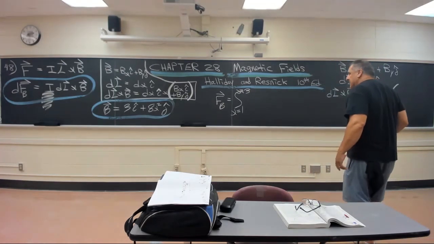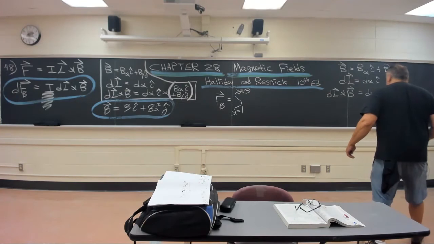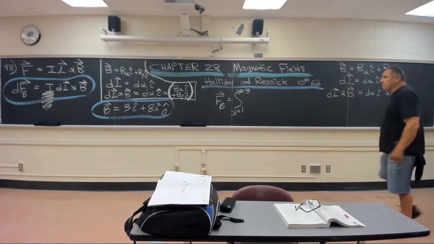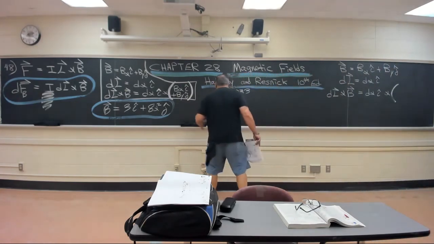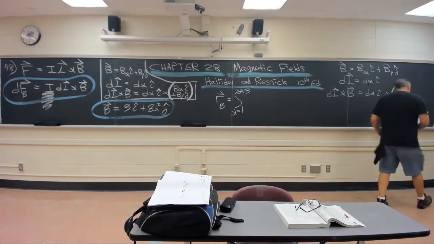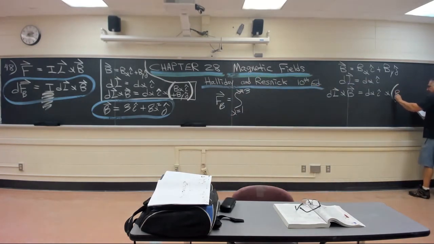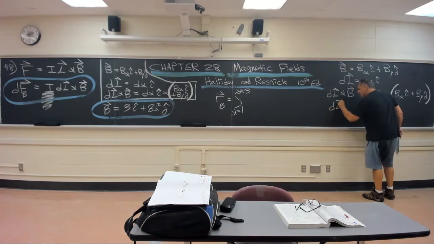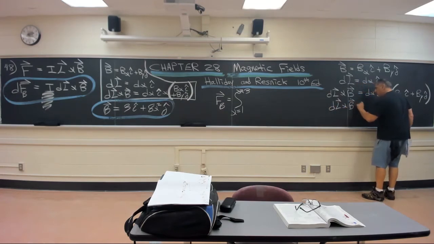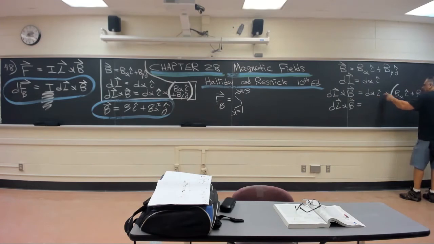You've got the dx I, and then you've got this thing right here. When you do the cross product here, there's a lot going on. Let's distribute dx I out.